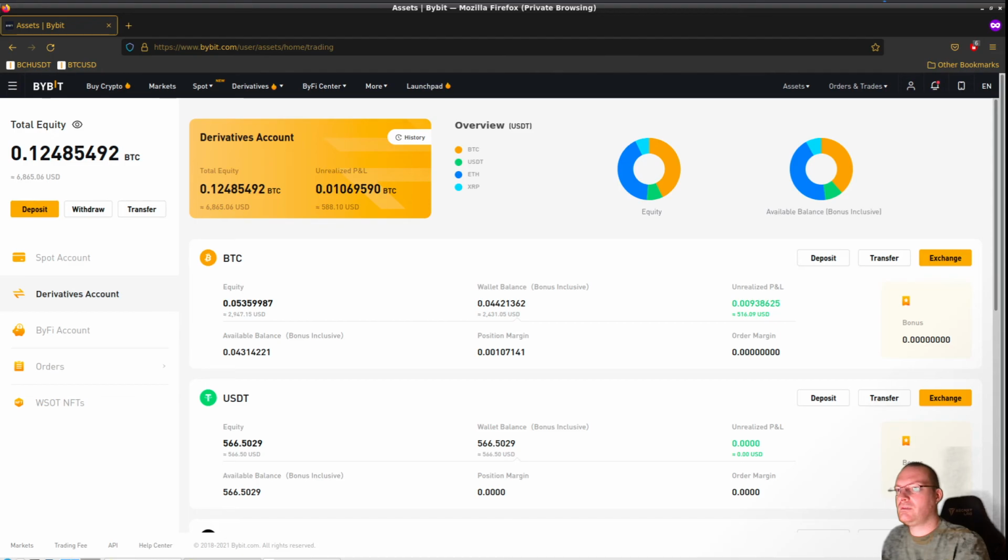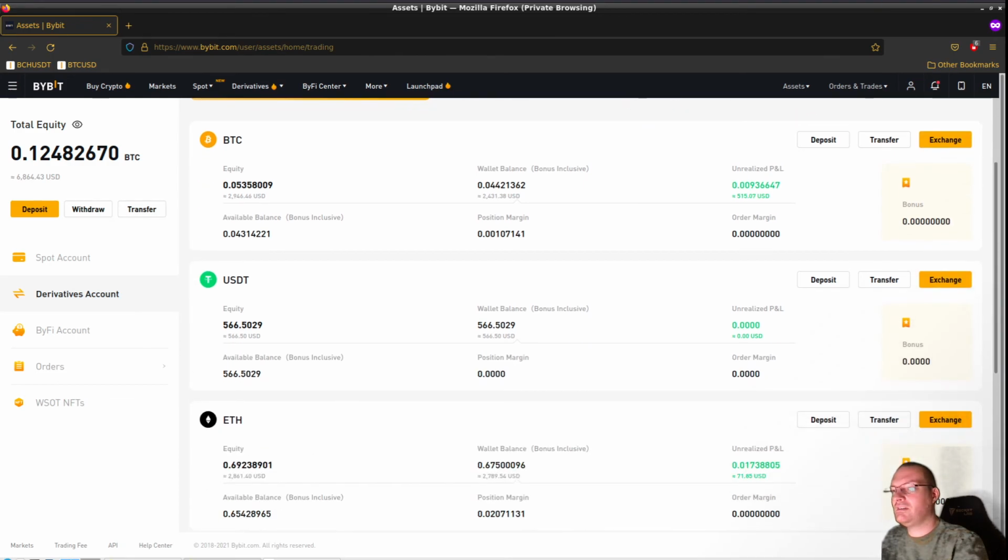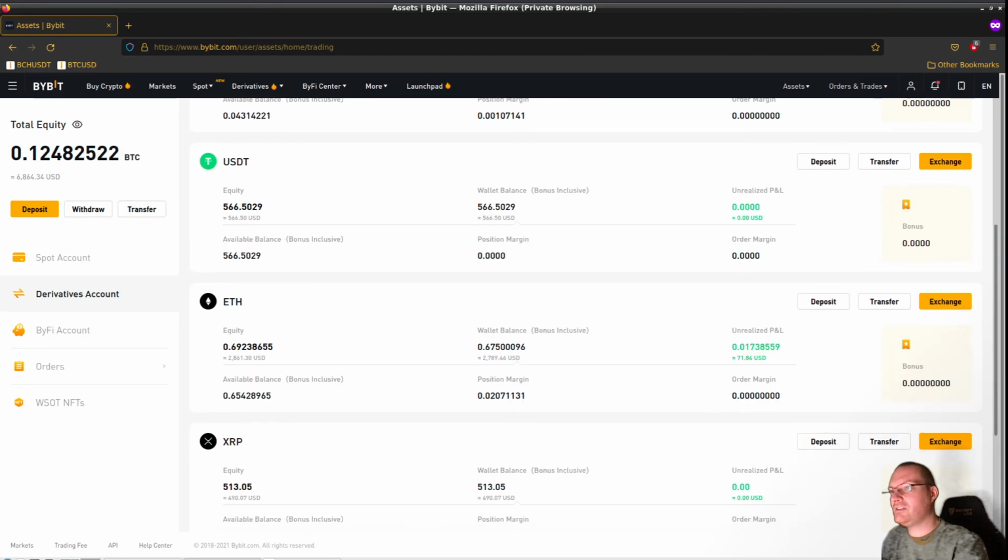So the assets. Now we're around 6,800. So Bitcoin, the short, $500 in profit. So USDT, this one is at 0 because there's nothing we are trading for the moment against USDT.